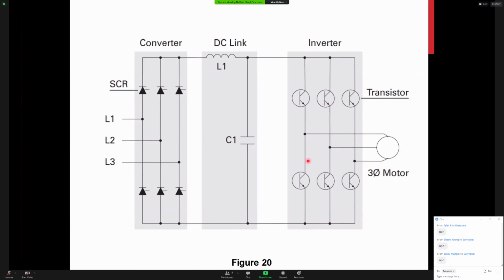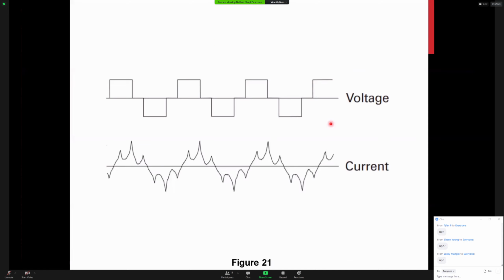Now, this waveform that comes out here, because of how we're switching, has a tendency to resemble a little bit of a square waveform. Now, that has disadvantages, which is why this type of drive, and same with the CSI, has similar disadvantages: it causes a current to be drawn.